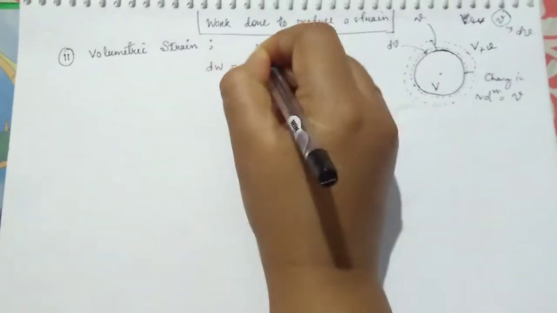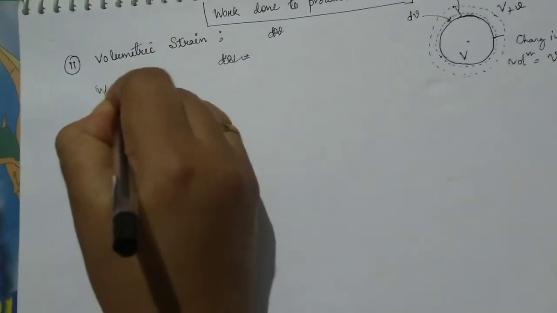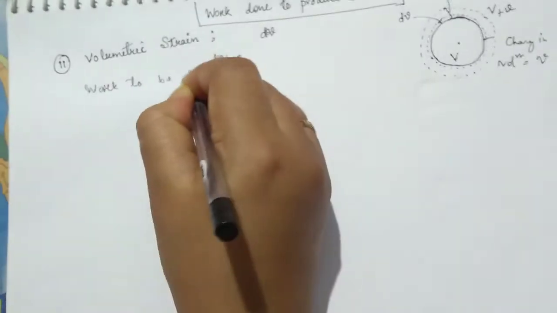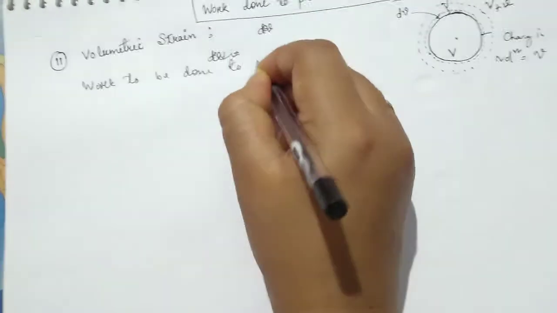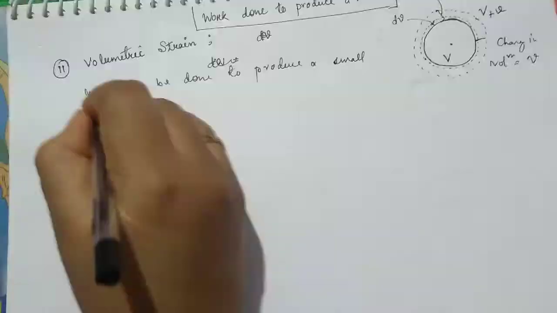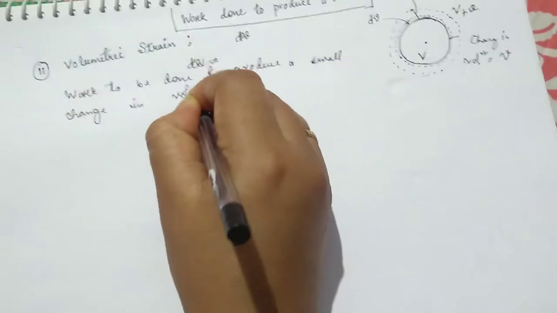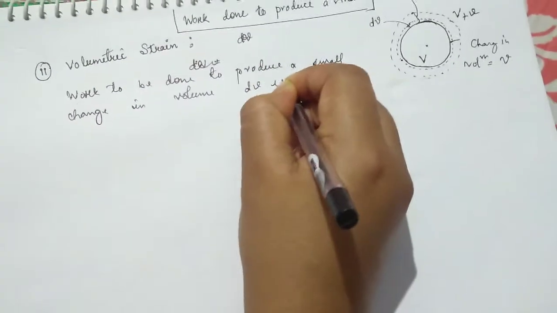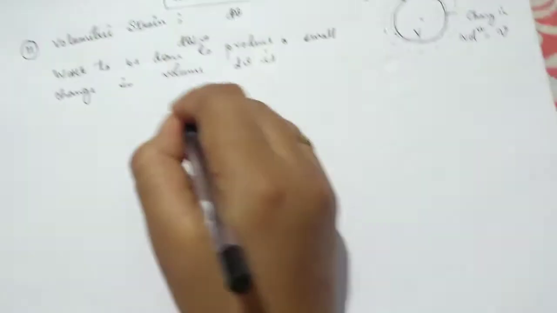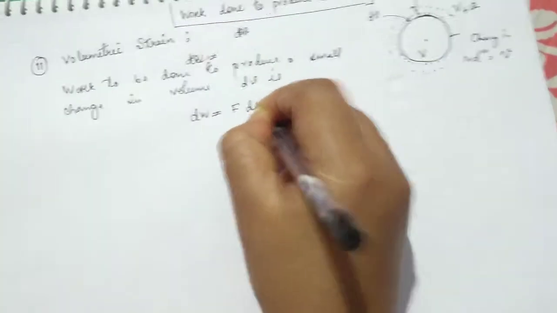Therefore, the work to be done to produce a small change in volume dV is dW equal to, you know that work is force into displacement, F into ds.